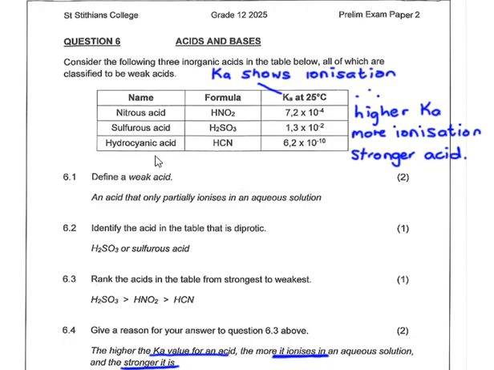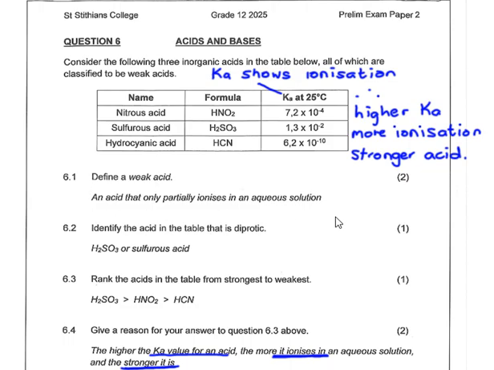And then the HCN has a very small Ka value. Remember, the strength of an acid is shown by how much it ionizes in solution. So the one with a higher Ka value will ionize more and will be the stronger of the weak acids here. It says, define a weak acid.